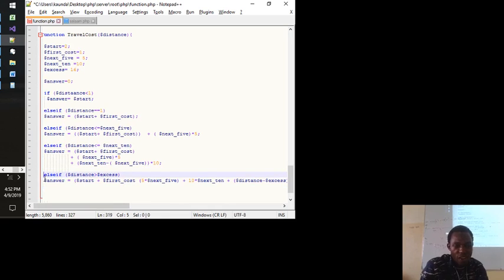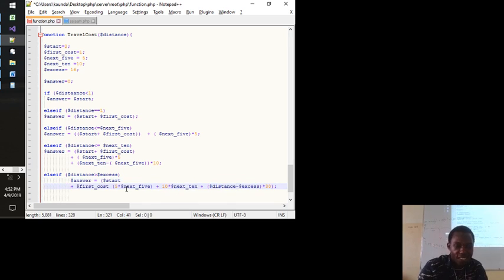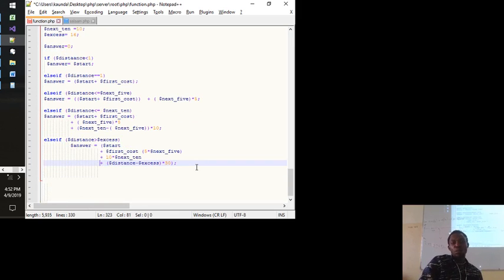Logically, this is how it will work. But I foresee maybe typo errors and other things. So let's see if this makes sense to us. We have this, we have this, and then we have this.